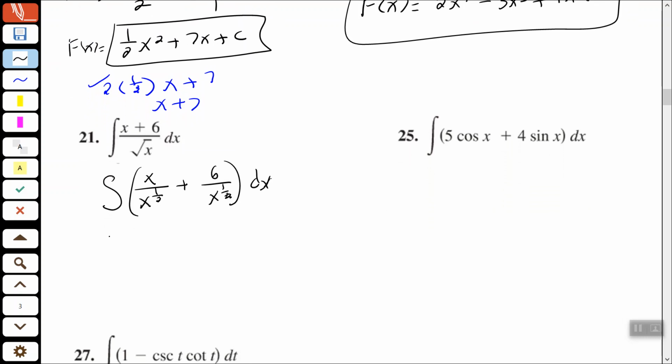Okay. And then let's move our denominators up. So on this first one, we can use our quotient rule for exponents where we subtract the exponent. So 1 minus 1/2 is 1/2. And then plus 6 times x to the negative 1/2.